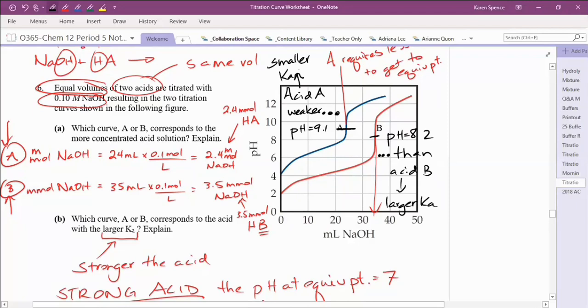So acid B has the larger Ka because its pH at the equivalence point is lower.